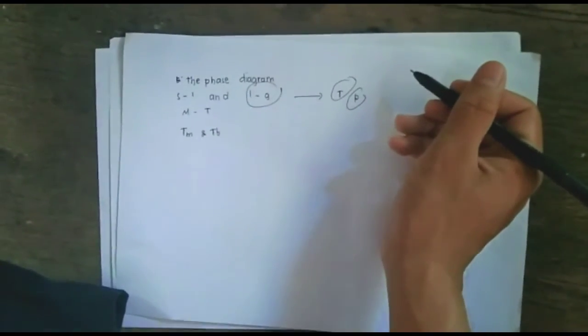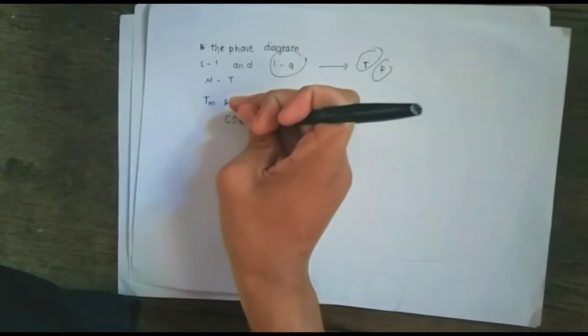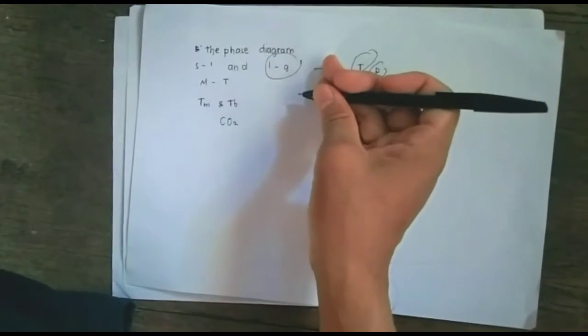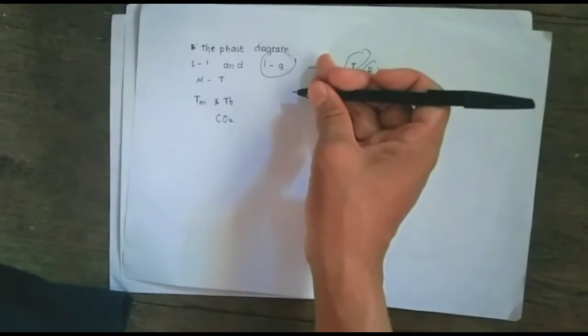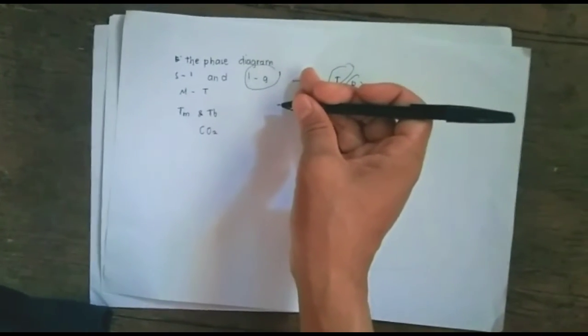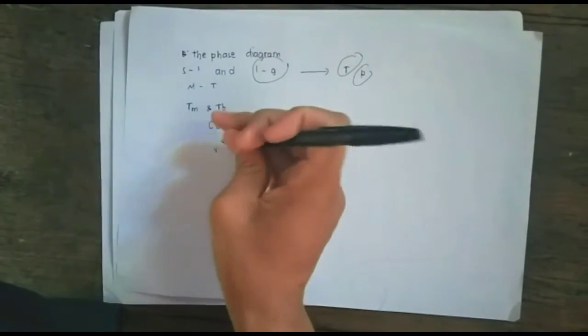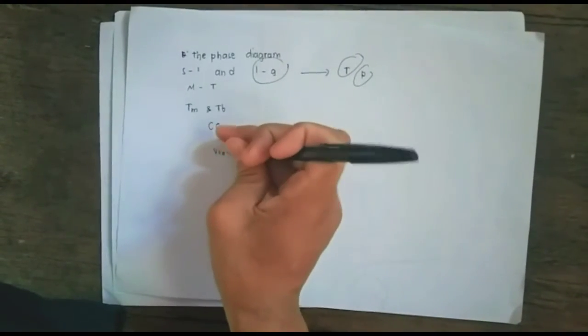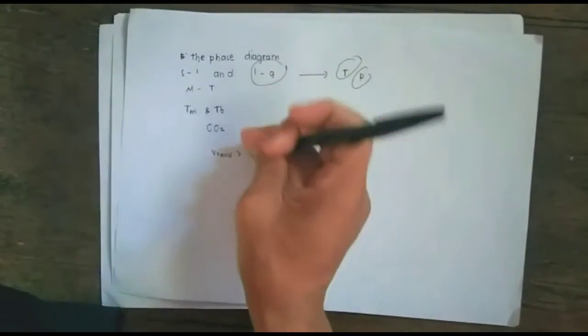The phase diagram for carbon dioxide is shown schematically in the figure. The solid-liquid line slopes slightly to the right since we have V liquid bigger than V solid.